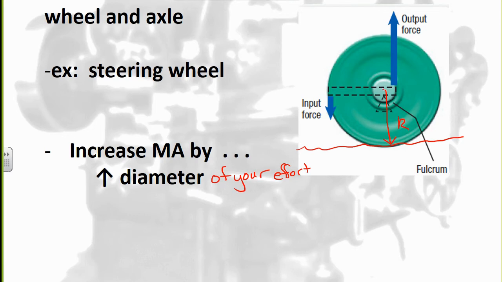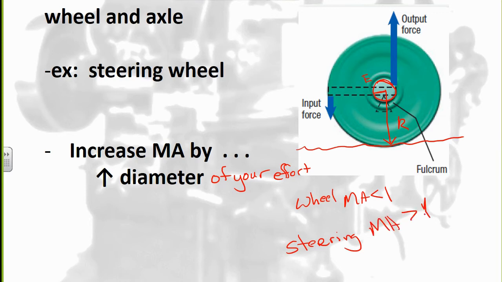If I have a car wheel, then my effort with the machine of the car engine is applying a small amount of distance there. So my effort distance is actually small. And so in a car, you actually have a mechanical advantage of that wheel. Okay, the driving wheel is actually having a mechanical advantage of less than 1. But your steering wheel will have a mechanical advantage greater than 1.